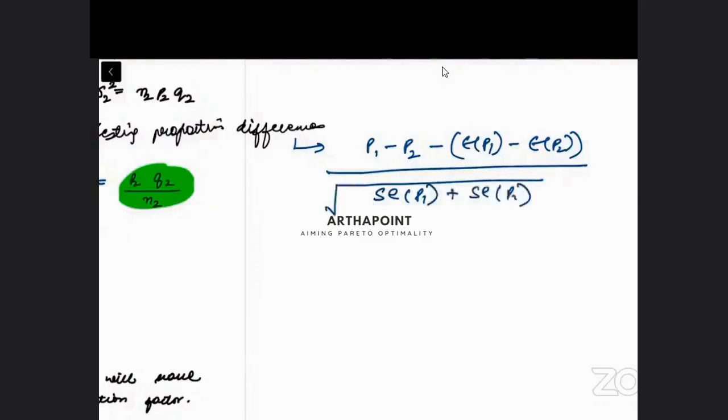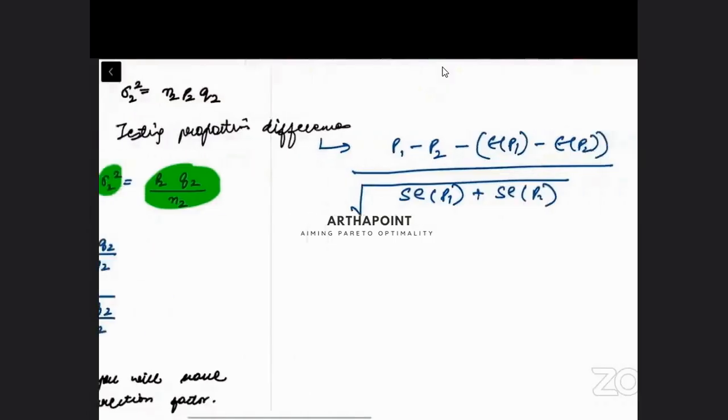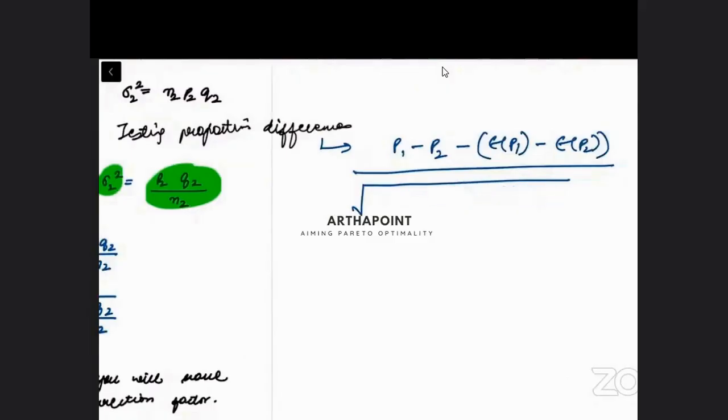Or rather, not standard error, but the square root of variance of P1 plus variance of P2. You can write it like that also.